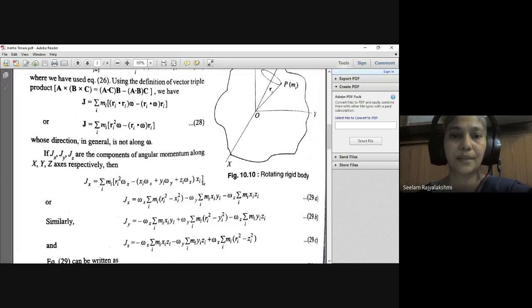So this is Jx. By multiplying with this, we obtain this one. Similarly, by considering Jy and Jz, we obtain this. This we have taken only for the x component. Here we are replacing with the xi component, and this is the Jx. Similarly, by considering Jy and Jz, we obtain this one.